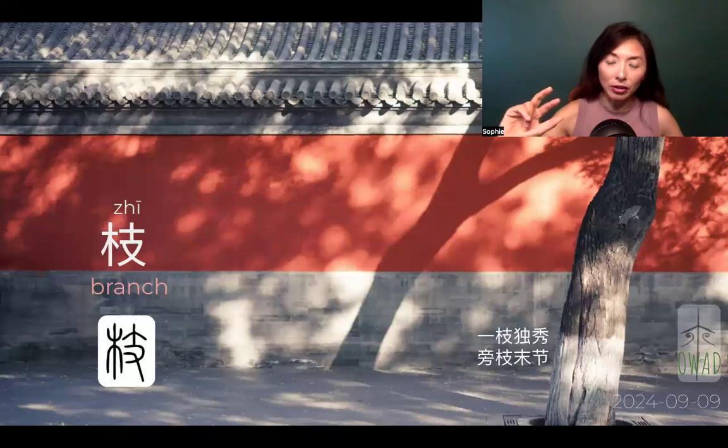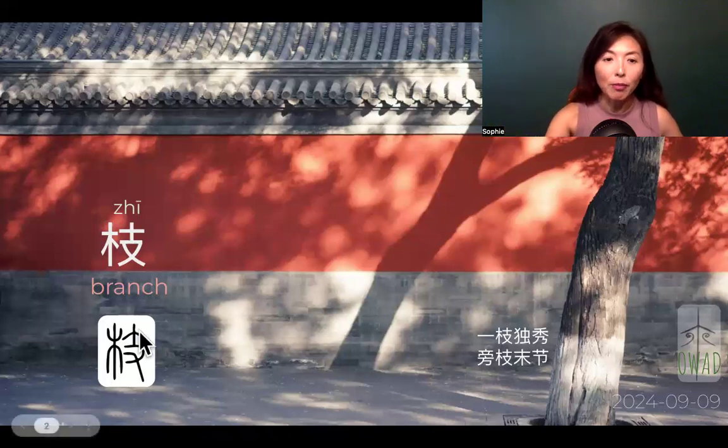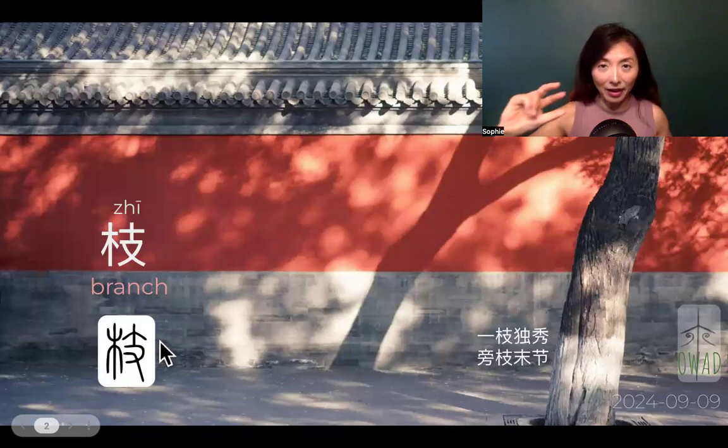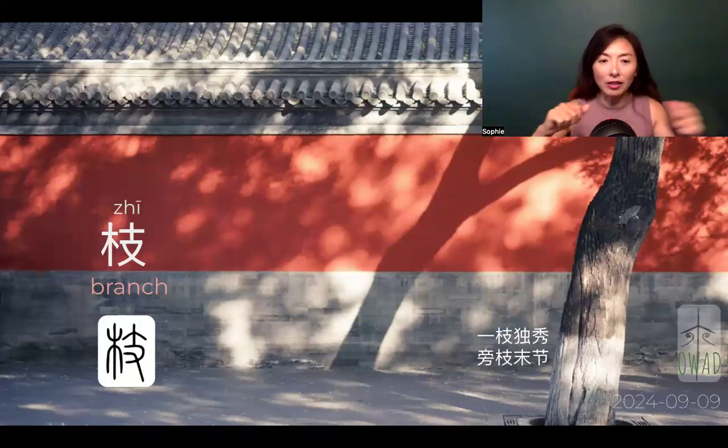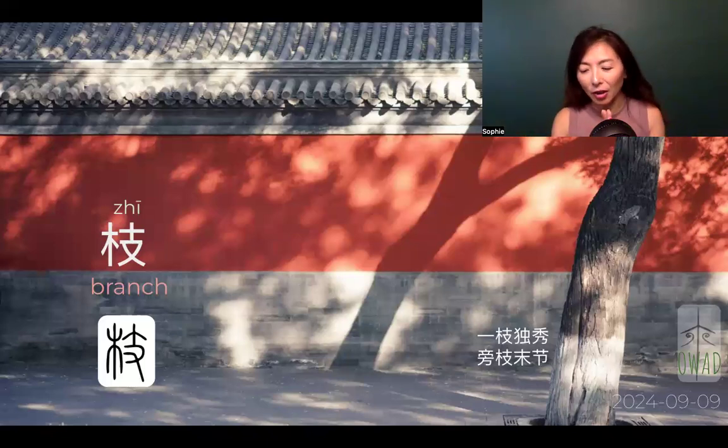So the character was created to have the three-finger hand symbol next to this branch-looking or twig-looking thing. And I would imagine what you're doing there is taking off the branches to prepare for cooking. Chinese call that 柴火, the twigs for the purpose of making fire for cooking.